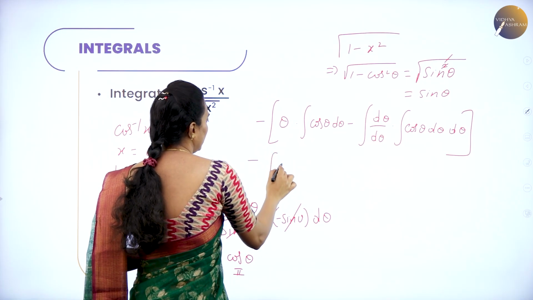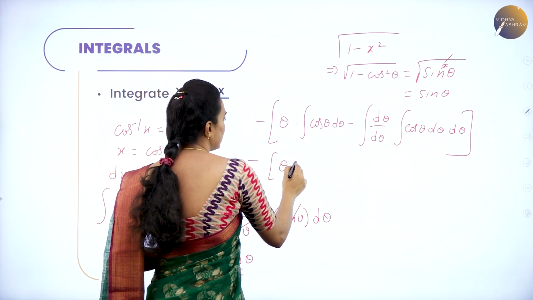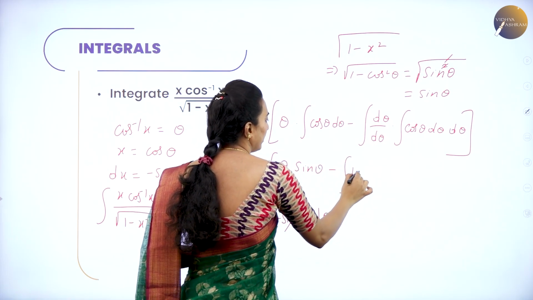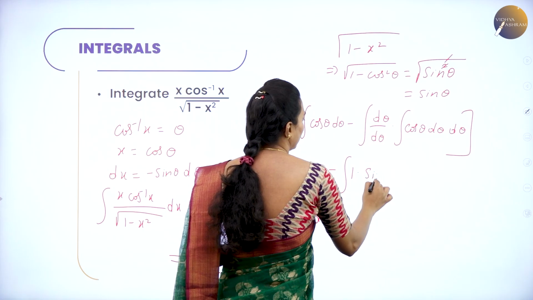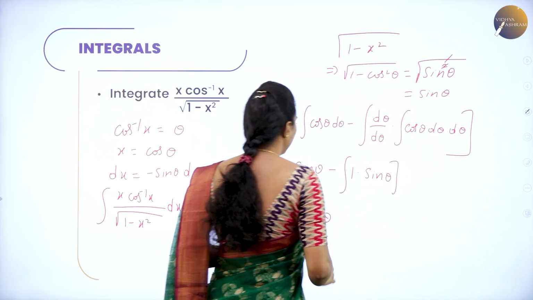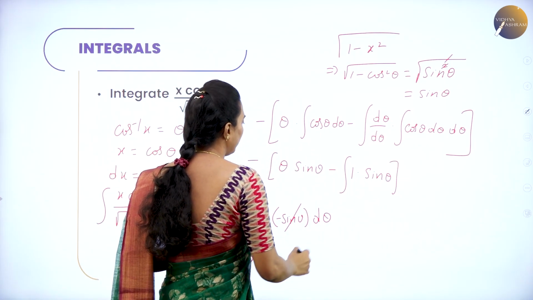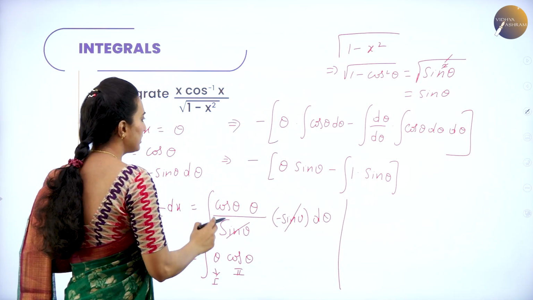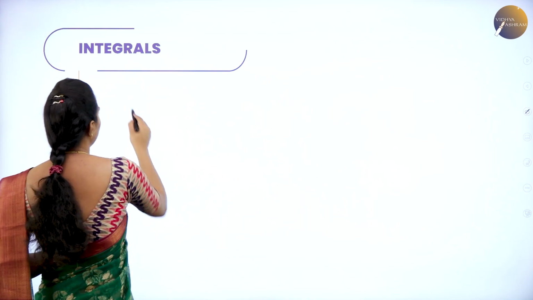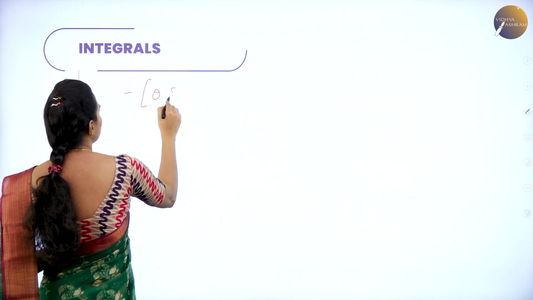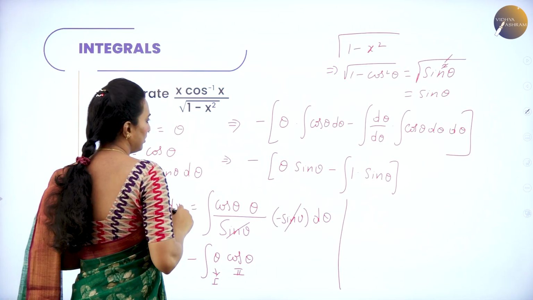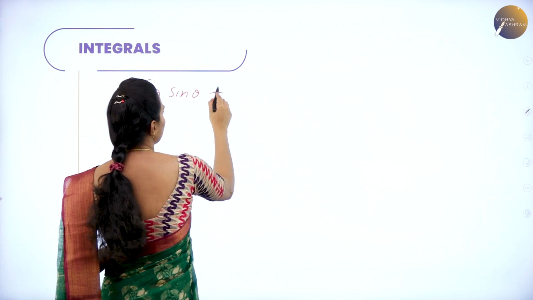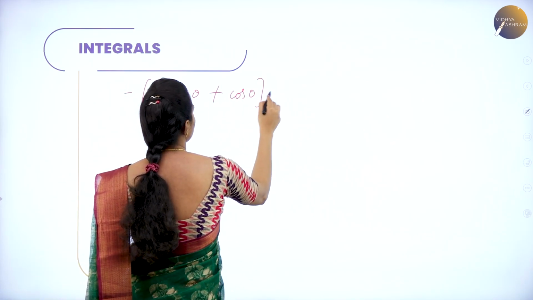Again minus theta into integral of cos theta is sin theta, minus d by d theta of theta is 1 into integral of cos theta is sin theta, right? Again further simplification, minus theta into sin theta, again minus integral of sin theta is nothing but minus cos theta, which will become plus cos theta plus c.